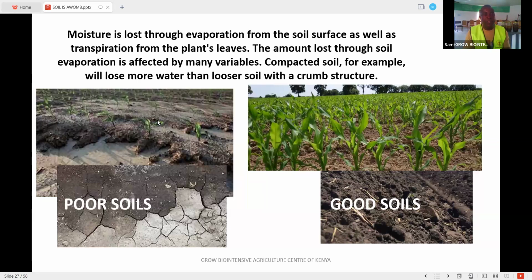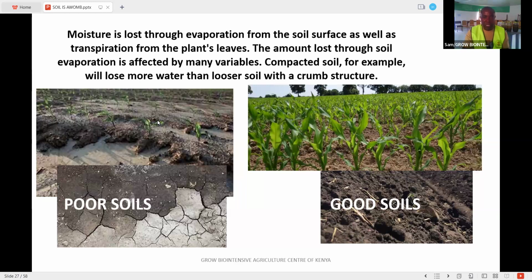And so when just a little rain comes, sandy soils will be swept away, especially if there is no crop cover or soil cover. Clay soils, again, will become mushy. When it dries up, it becomes cracky, it cracks up.